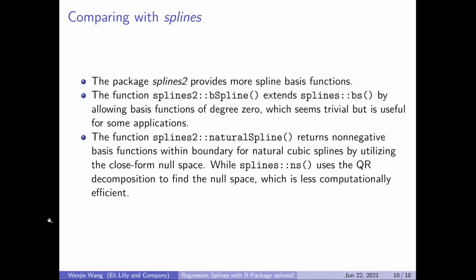However, it's useful for some applications. The function naturalSpline in the splines2 package returns a non-negative basis within the boundary for natural cubic splines by utilizing the closed form null space. However, the ns function in the splines package uses the QR decomposition to find the null space, which is less computationally efficient, as we will see later.